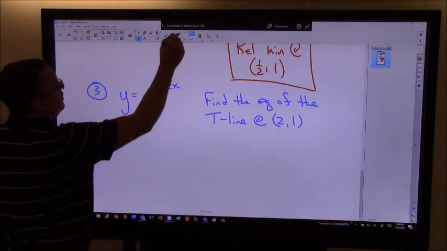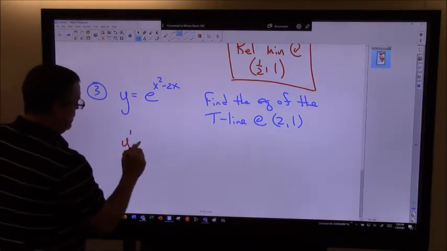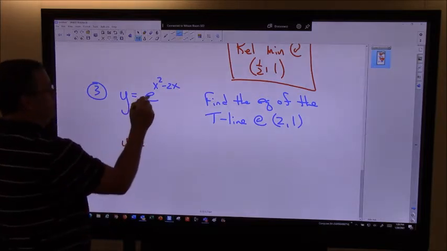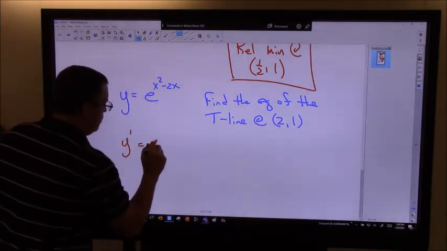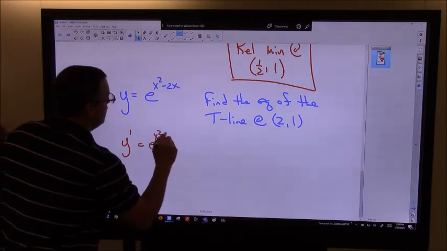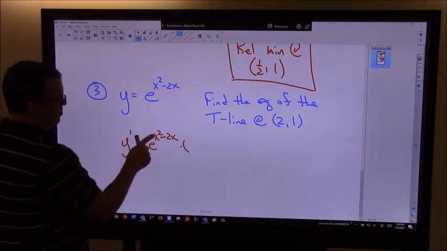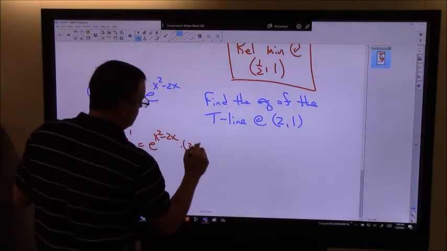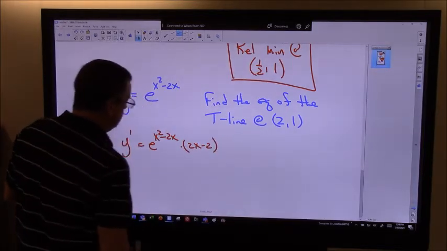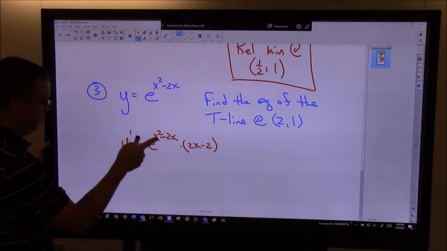So I need to find y prime. So the derivative of e to the u is e to the u, so e to the x squared minus 2x, times the derivative of the exponent, which would be 2x minus 2. So now I want to plug a 2 into there.